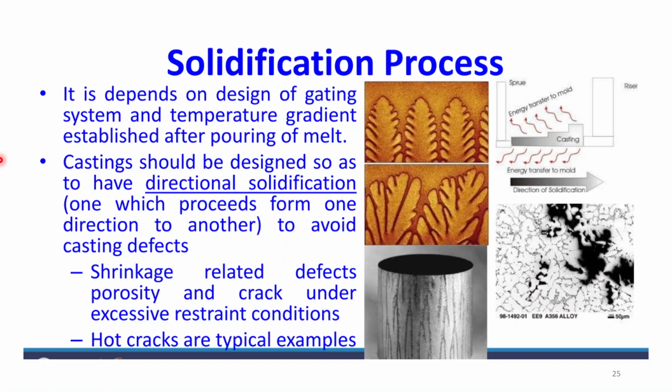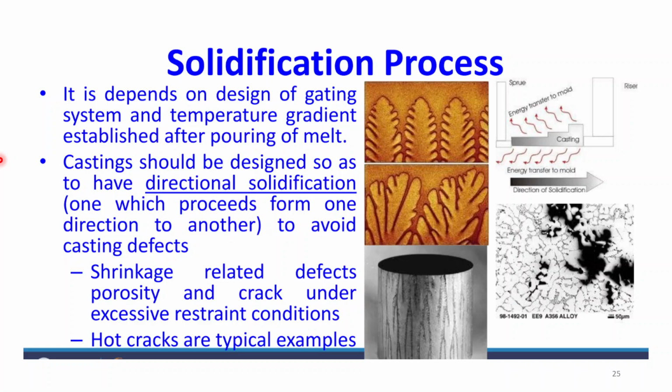Your riser part should solidify last so that any shrinkage can be compensated by the riser's molten material. Shrinkage related defects, porosity, cracks under excessive restraint conditions, and hot cracks are typical examples.